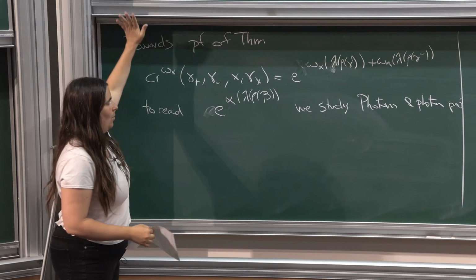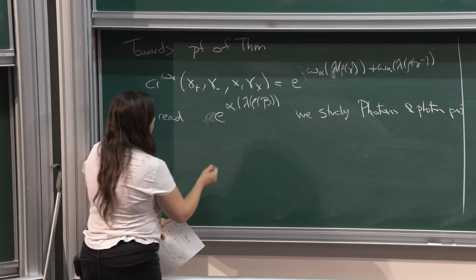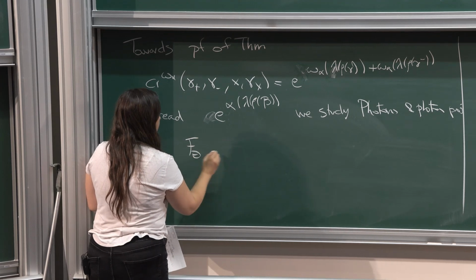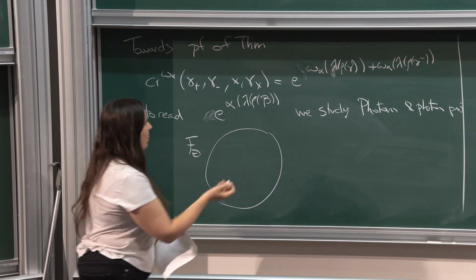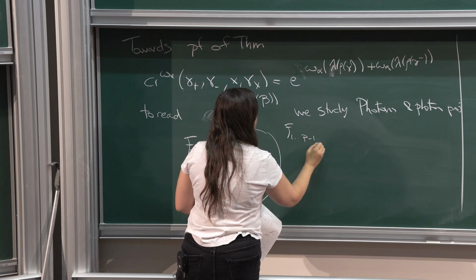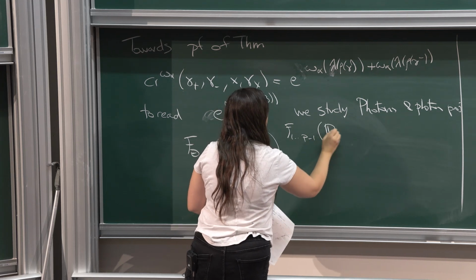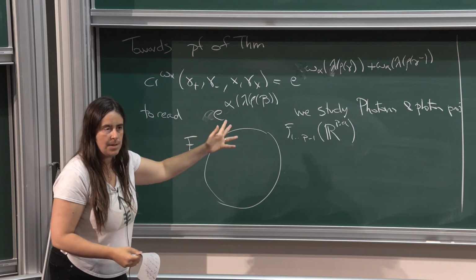I don't have time to tell you what this is, but the idea is that in the flag manifold F theta, let me draw this as a cartoon. We can think of this to be F1 to P minus 1 of R P Q, the flags of isotropic subspaces, for example.